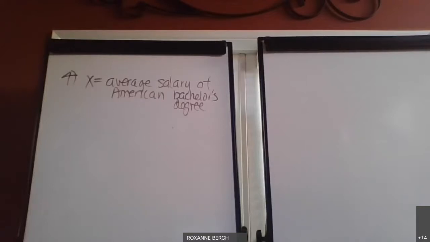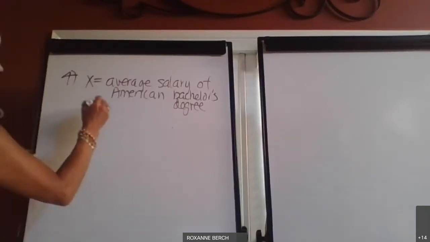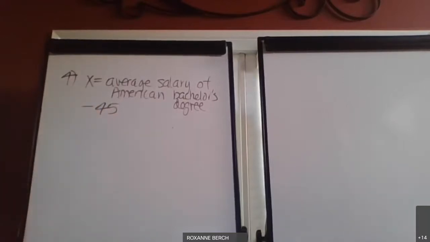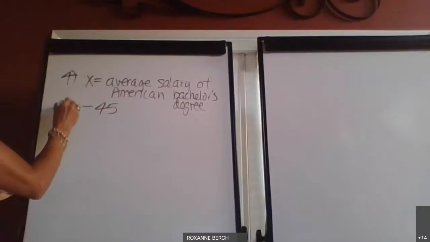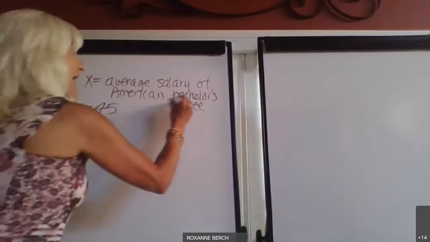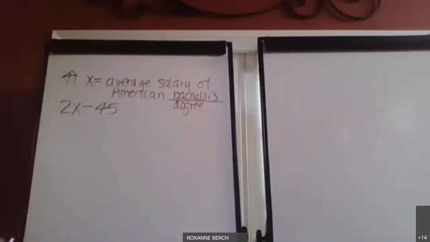It says, an American whose final degree is a doctorate is 45,000 less than twice that degree. So remember, that is the bachelor's degree, right? So let me read this again.